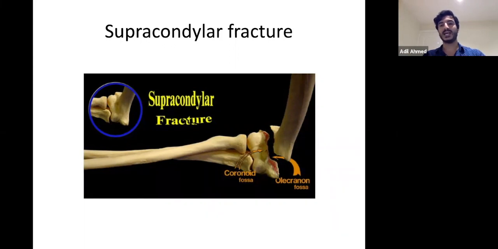And it's normally a fall on an outstretched hand. You can have two types: either the extended type supracondylar or the flexion type supracondylar injuries, and by that, the extended or flexion aspect relates to the distal fragment and the way it's sitting.